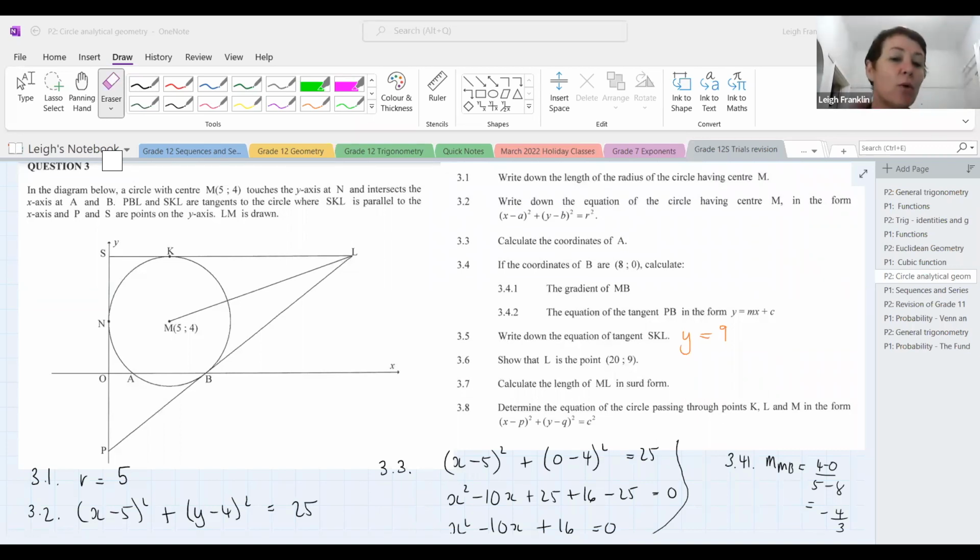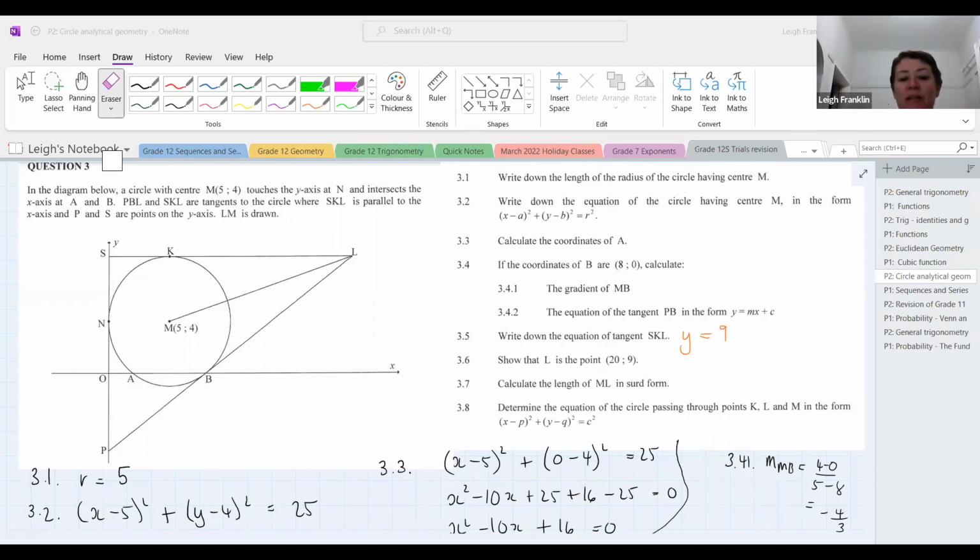So if we get stuck when we're answering a question, go back and read the information, and see if there's something there that can help you make connections. So N was a point on the y-axis. We know that the length of the radius is 5 units. So we would have to move 5 units above the position of M to get to K in a vertical line. So by adding 5 onto 4, that puts us at 9. Good job. All right, let's carry on.